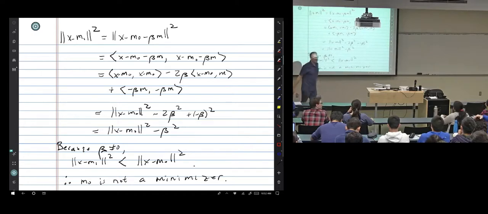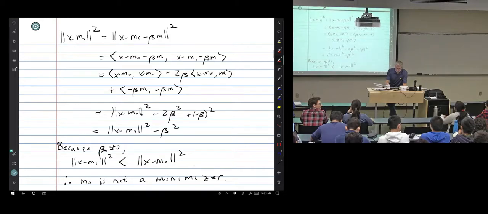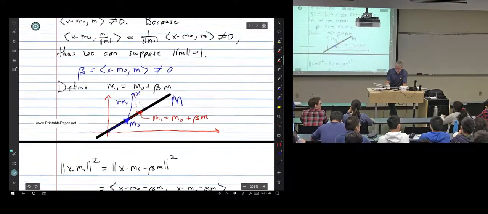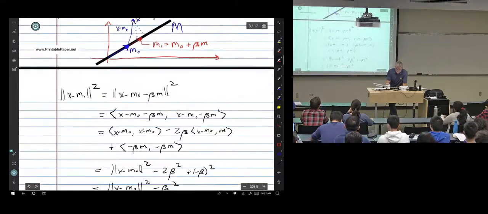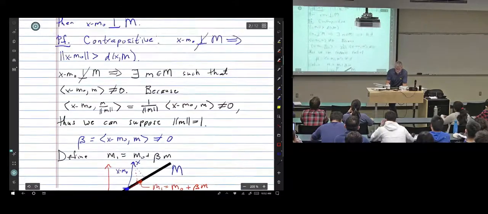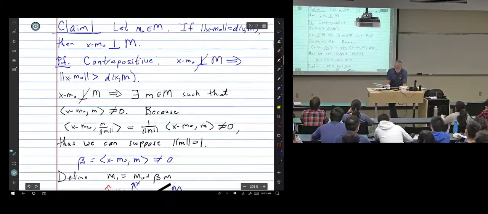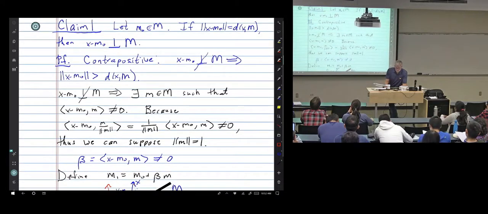Yep, question? I was just a little confused by the step before where, so you have your M naught, which you're assuming is a minimizer, but it's not perpendicular, like the error is not perpendicular. And then you add this, so then there's some M where this M is also not perpendicular to the error.